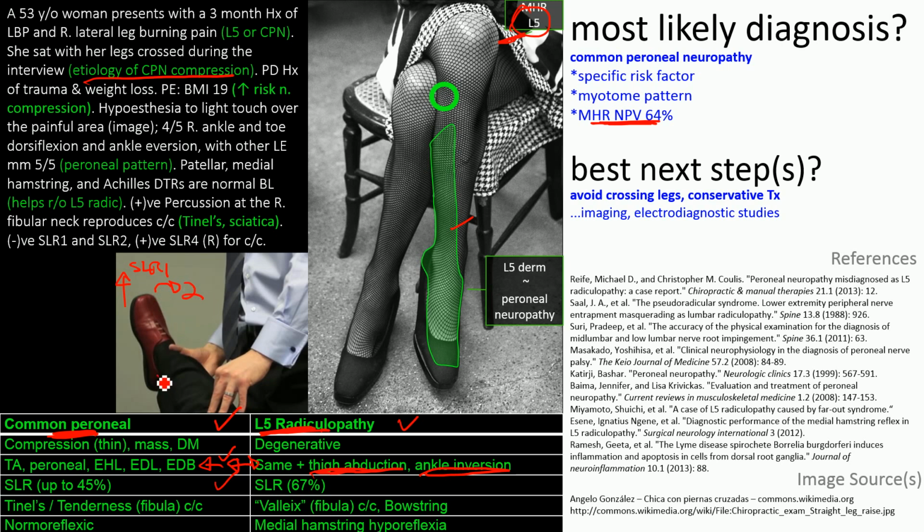Those are more for the tibial nerve, and those being negative helps us rule out a radiculopathy. What we're seeing in this case is a straight leg raise 4, and you'll actually internally rotate the hip, and you'll also invert the ankle here, and that's variation 4, and that stresses the common peroneal nerve.